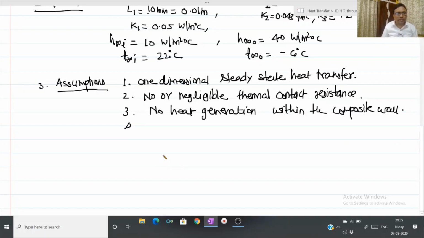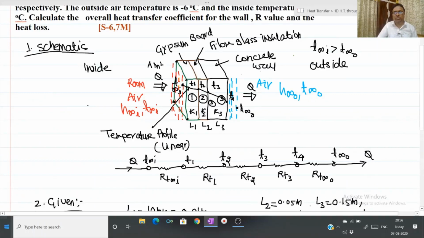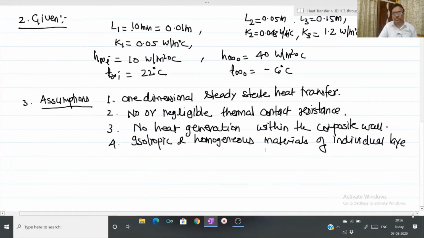The fourth assumption I am taking isotropic and homogeneous materials of individual layers.